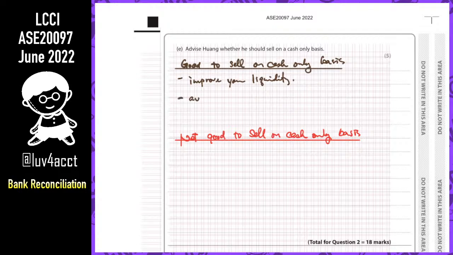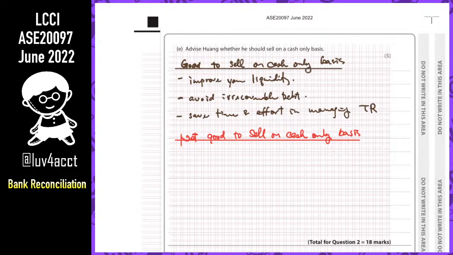You can avoid irrecoverable debt. Also, apart from avoiding irrecoverable debt, you can also save time and effort in managing trade receivables.